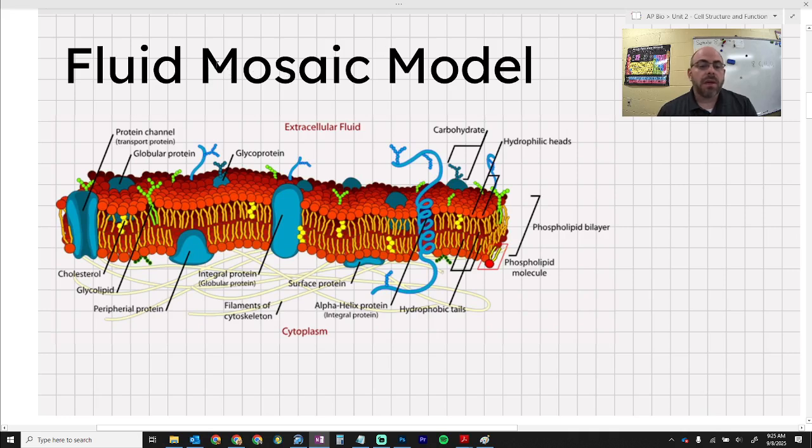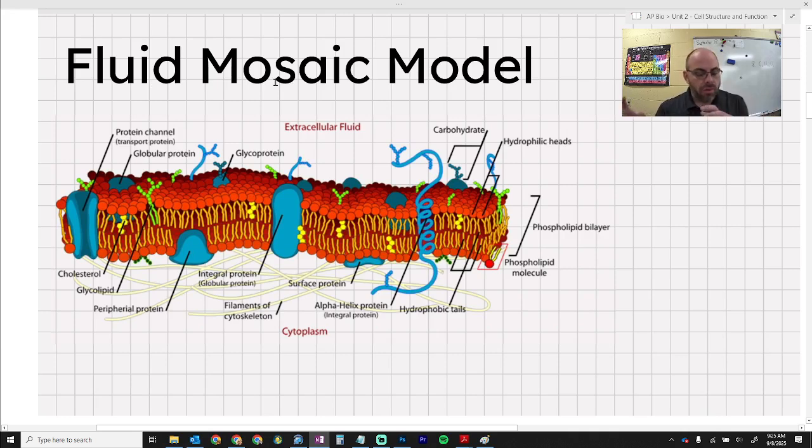Understanding them. A mosaic, then, is something that's composed of multiple types of things, right? Sort of like if you think of the word being used in art, we use the mosaic when it's got lots of stuff going on. Well, if you look here, there's lots of stuff going on. And it's fluid. It's not static, meaning it's dynamic.